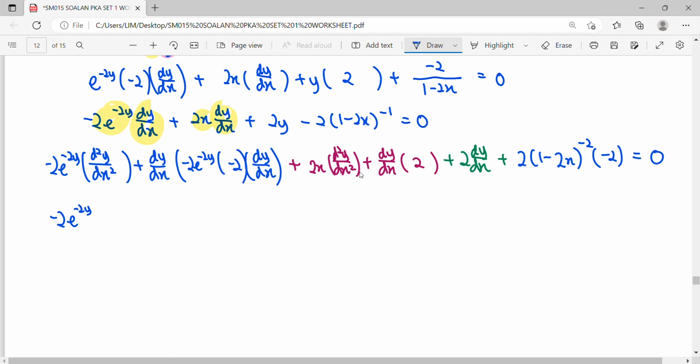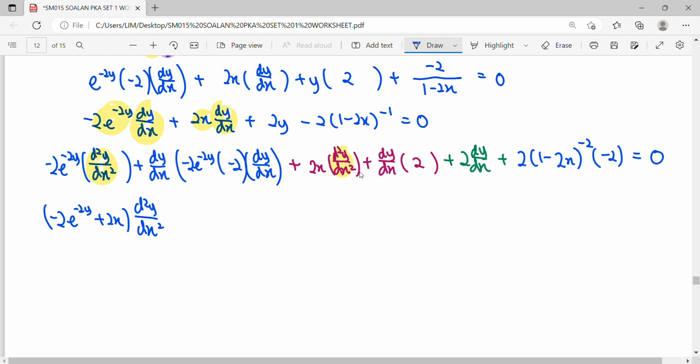So we can gather the d²y/dx² terms together. So negative 2e^(-2y) and then 2x. Together, this is for d²y/dx².